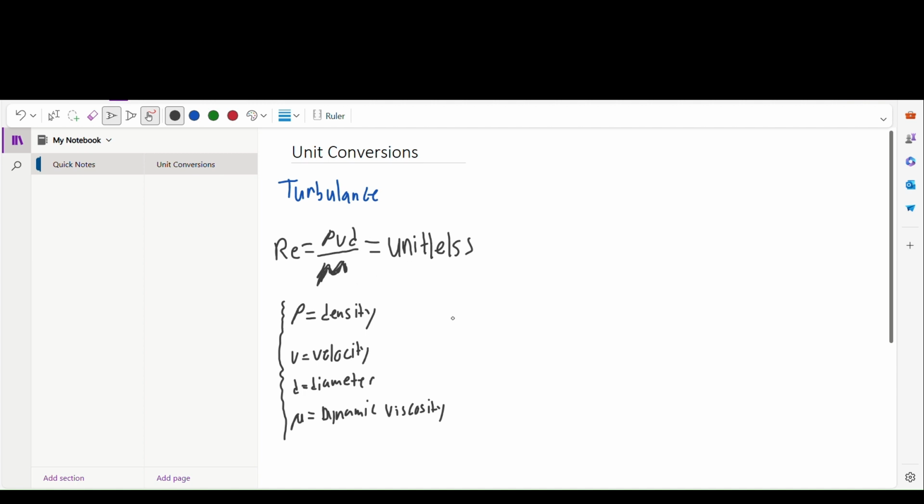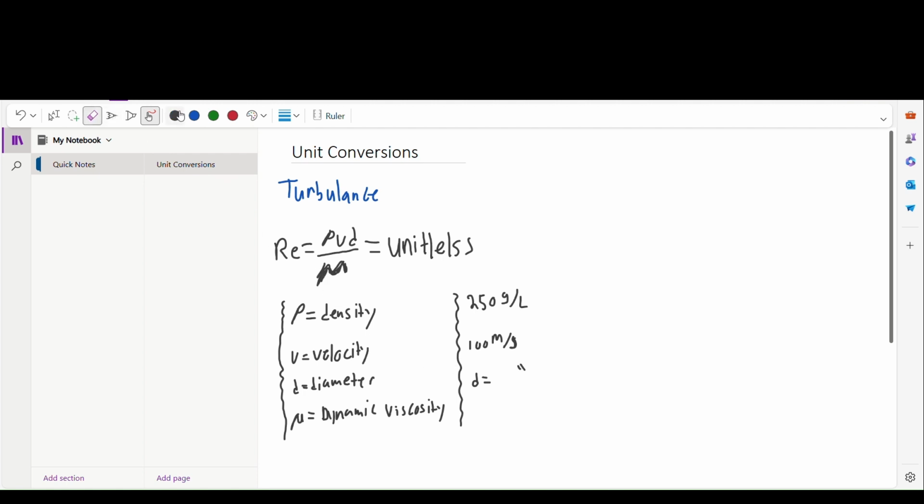So let's do an example where I tell you that your density is 250 grams per liter. I tell you that your velocity is 100 meters per second. It's very fast. And I will tell you that your diameter, or the diameter of your pipe that this is traveling through, is 36 inches. Actually, you know what? That's going to be a very insane number. So let's do 12.